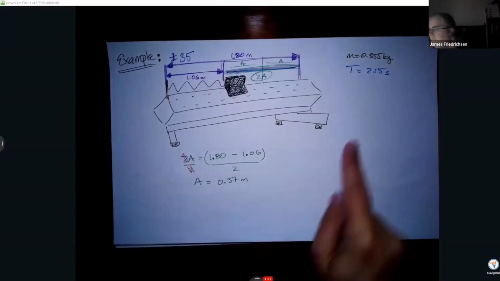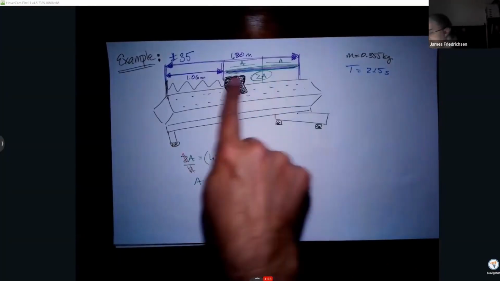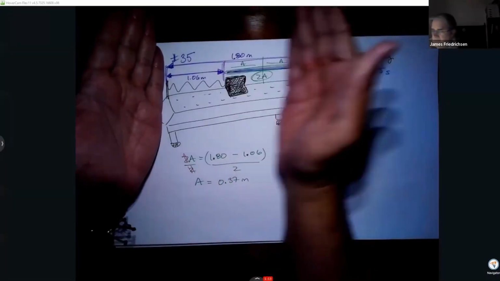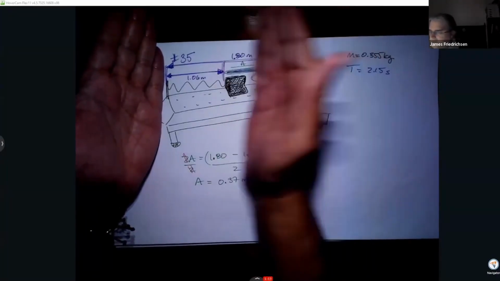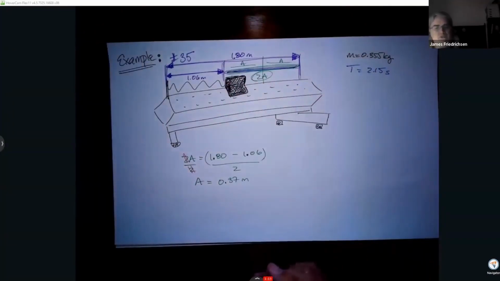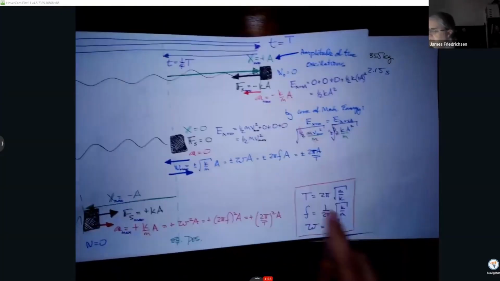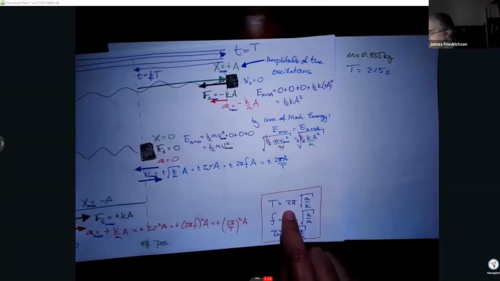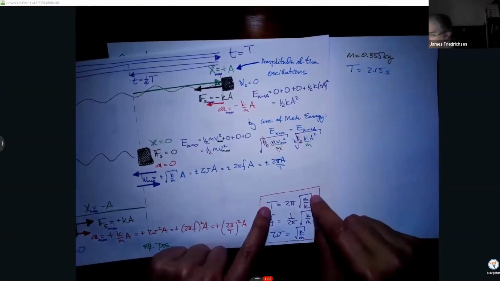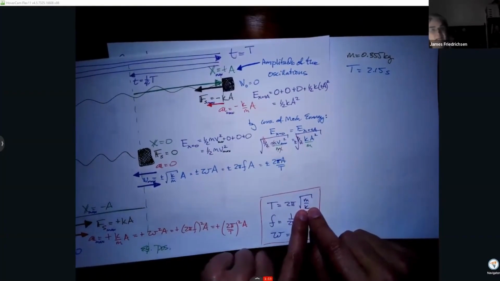Now, they gave us the period. This is tough. Coming out that the motion from 1.80 to 1.06 is 2A isn't super obvious. But then the period is 2 pi square root of m over k, and we know m and we know the period, so the only unknown is k.